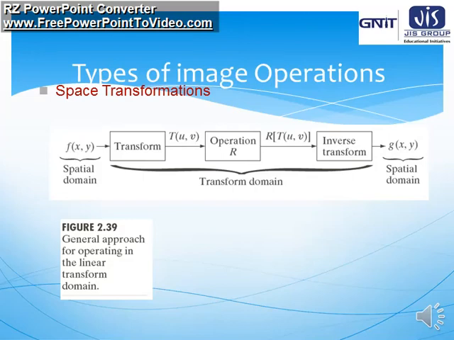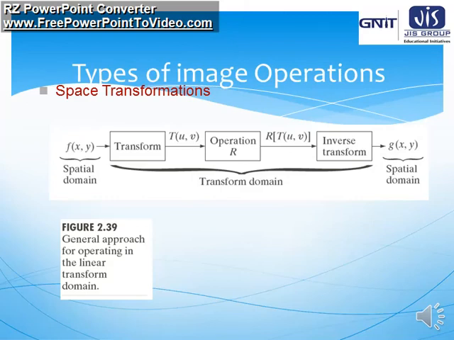So these are types of image operations. From the spatial domain, if you have some input image function f(x,y), it will be given to a transformation block. After the transformation block, it will be converted into T(u,v), then the image in the transform domain will be fed into different types of operations. After the operations, the inverse transformation is taken to convert the image from the transform domain back to the spatial domain.